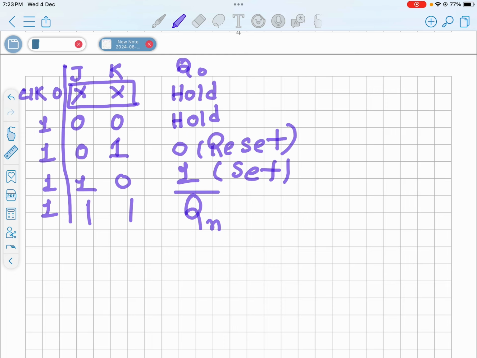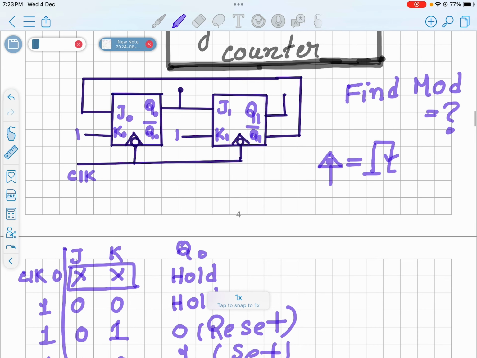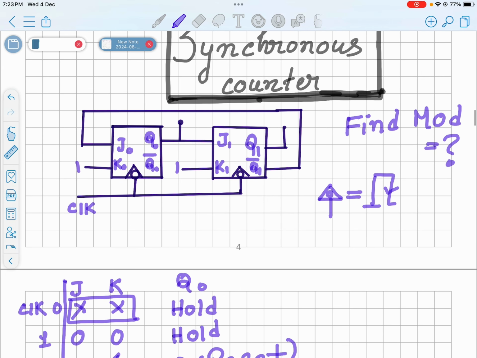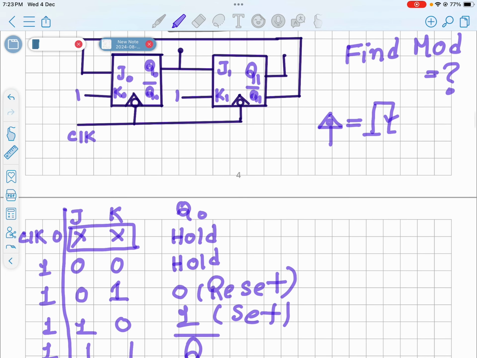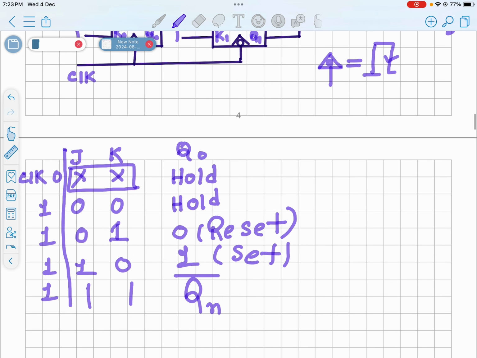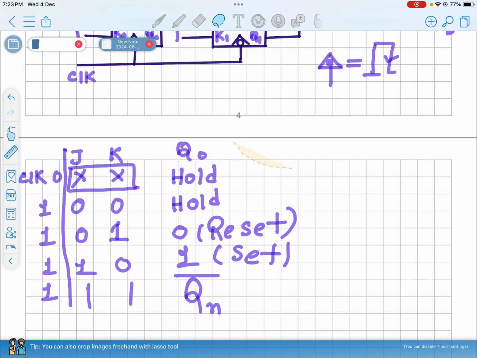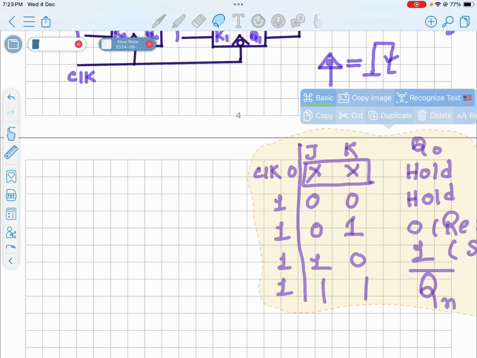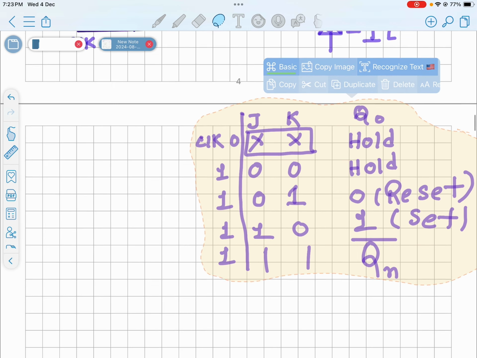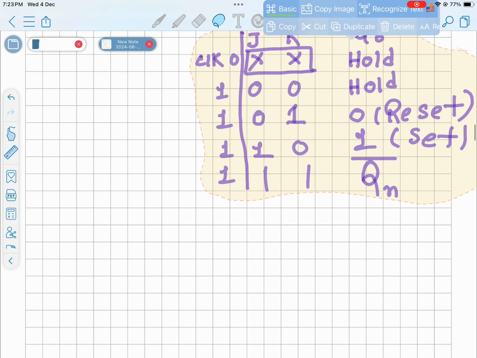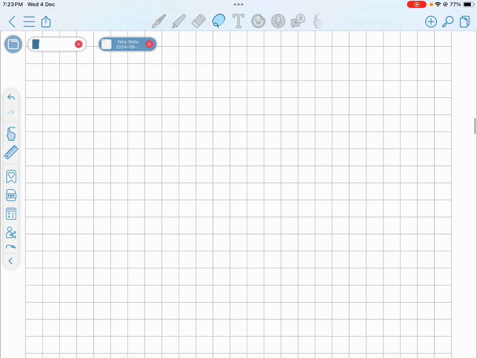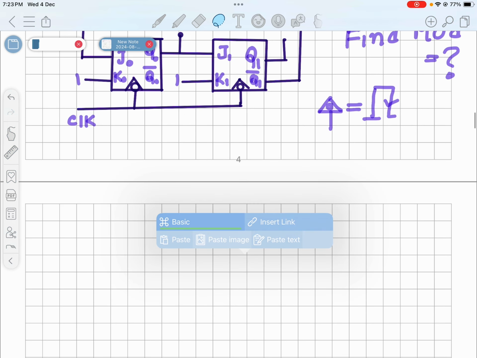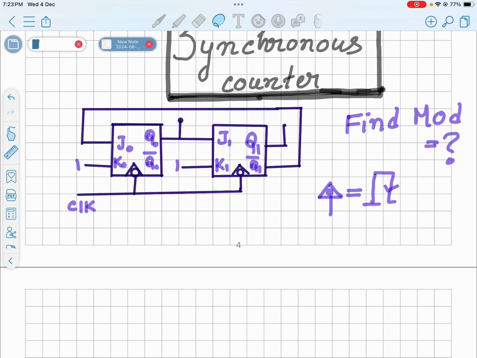Okay, so now let us discuss this synchronous counter. Let me remove this here. Now we are going to solve the circuit.